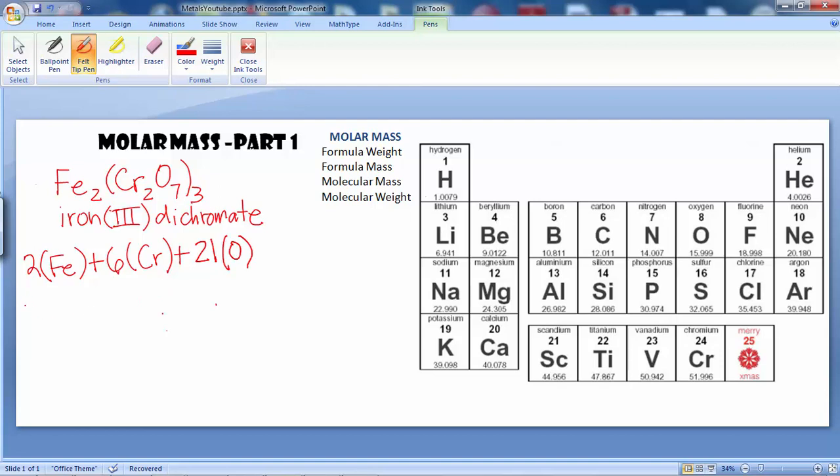So now let's come below and put in some atomic masses for these things. So iron, which is not on this abbreviated periodic table, has a mass of 55.6 grams.